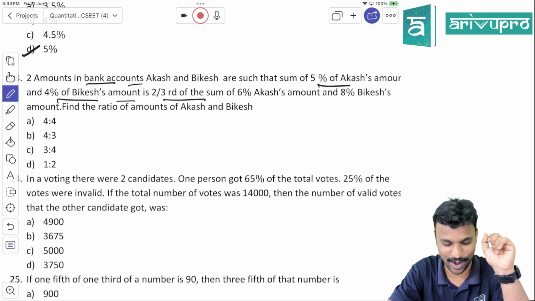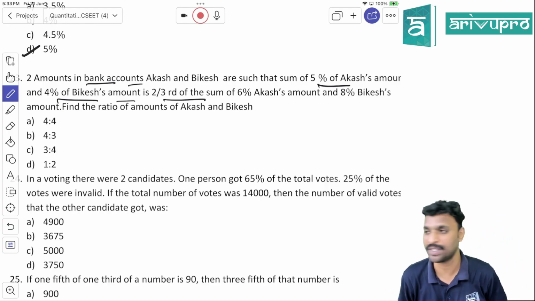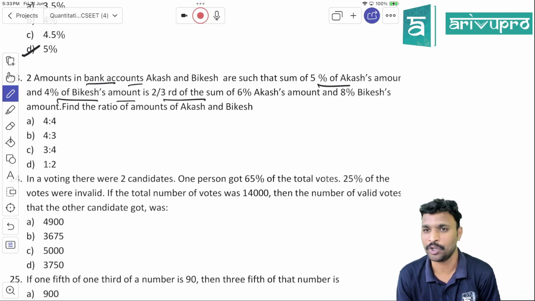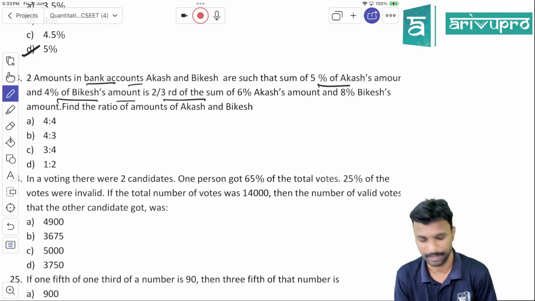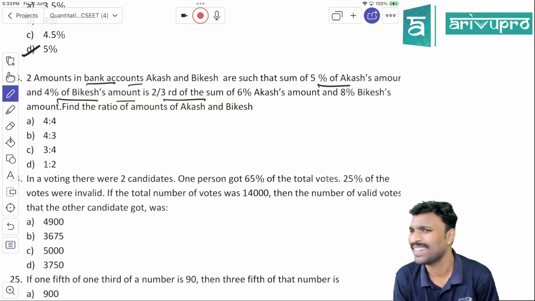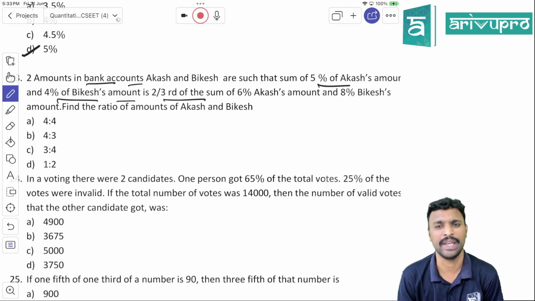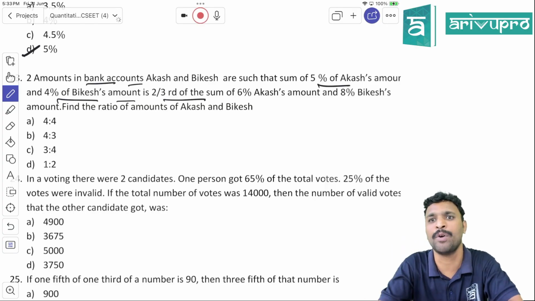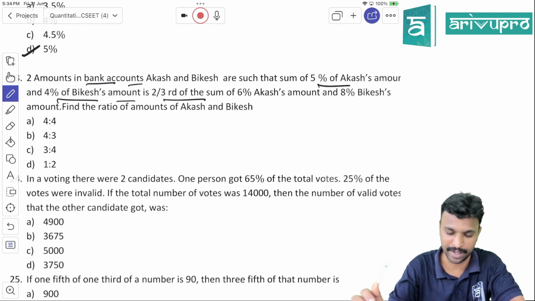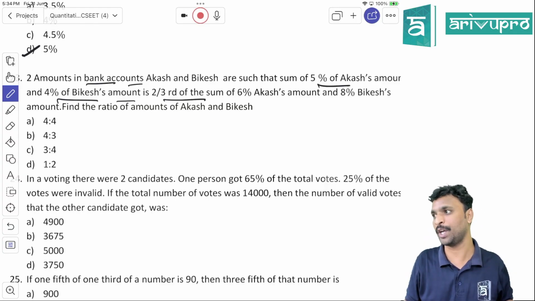Find the ratio of Akash's and Bikesh's amounts. They have given ratio options, 4:4, that is 1:1. Correct? 1:1. The best number you can take for the amount is 100 and 100. Akash's amount 100, Bikesh's amount also 100. So you have to satisfy this equation.